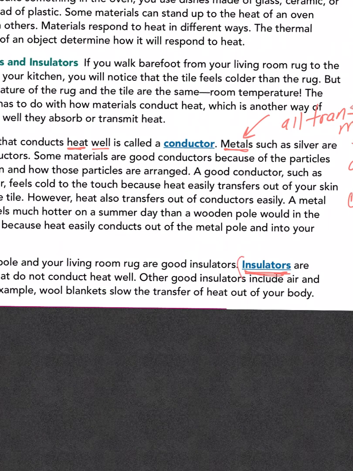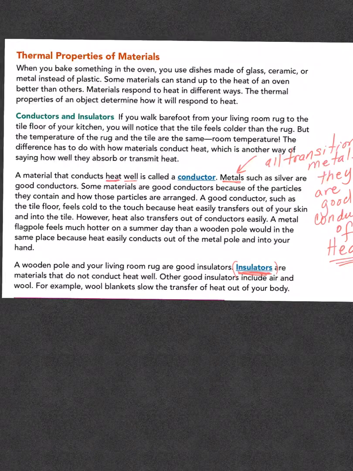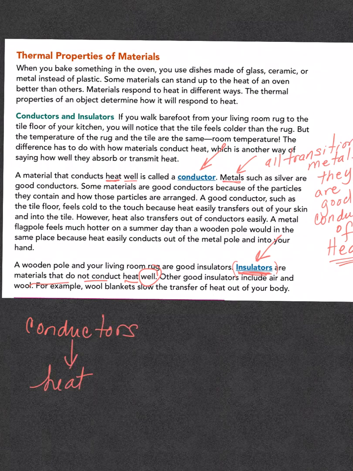Over here, you have another definition. Insulators, okay, are materials that do not conduct the heat well. Okay, Ms. Ramos, one of the objectives of the class is that we have to compare conductors and insulators. Conductors, okay, they conduct the heat well.